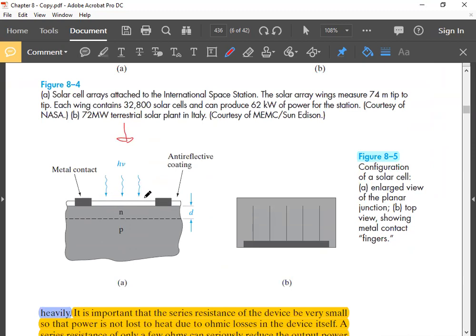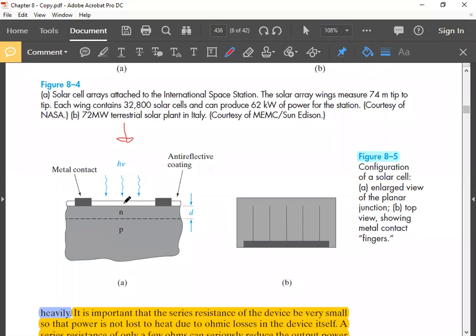Reflection means a portion of the incoming light is going back to the air or going back to the environment, right? So those photons which are going back will not penetrate into the semiconductor, into the junction, and they will not take part in carrier generation, right? So you have to reduce reflection.